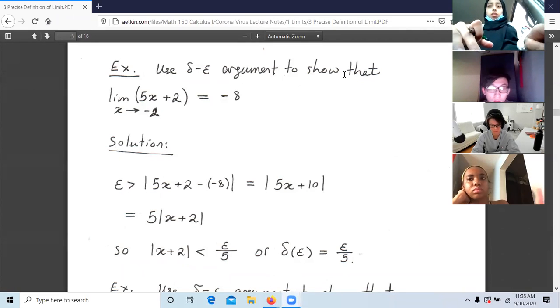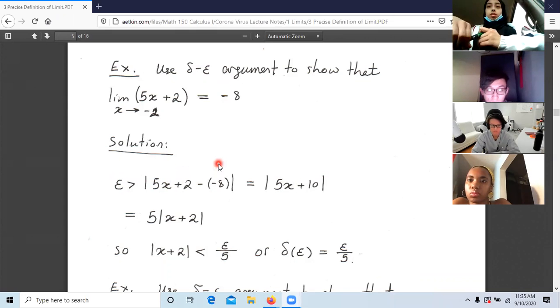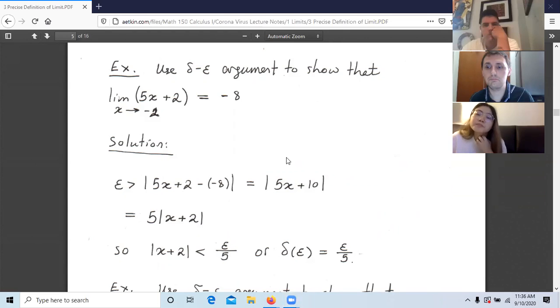Zainab. Guys, simple question, you see, right? If you understand delta epsilon, how am I starting this? What's the idea? Nobody?